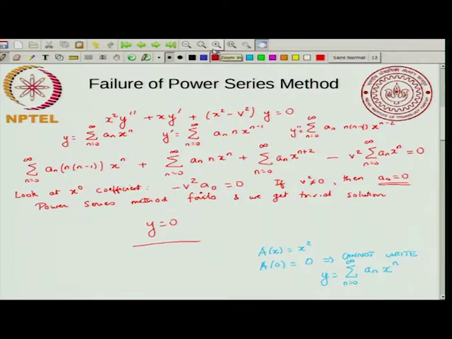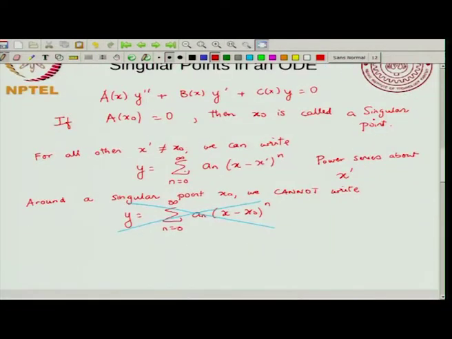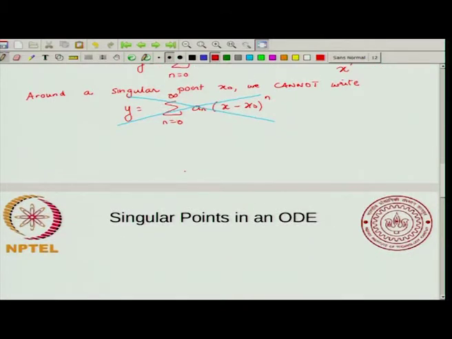Now you should realize that power series need not be around x equal to 0. The general power series method can be carried out about a point which is not x equal to 0.